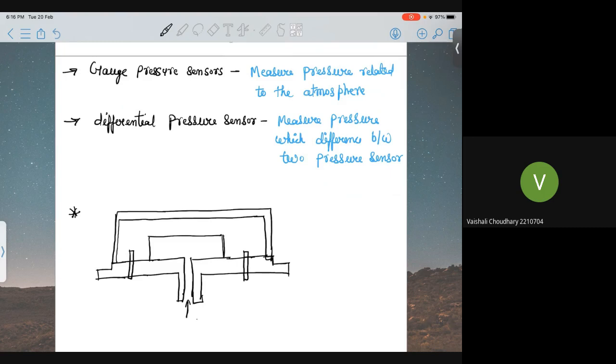This is the port where we apply pressure. We call it the pressure port.